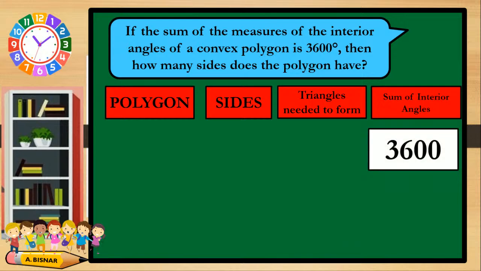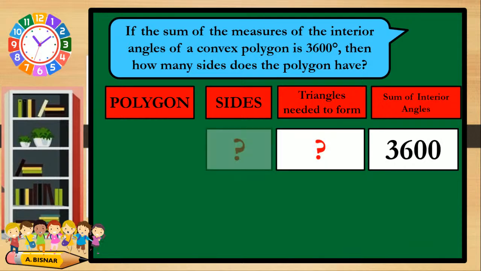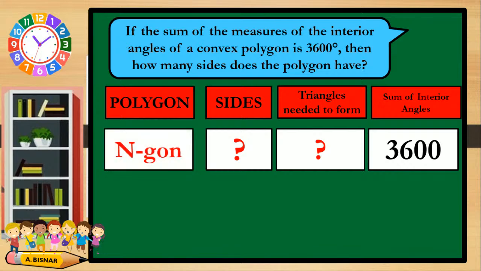O, halimbawa ganito. Ang given ay yung sum, which is 3,600. So, to find the remaining information, this is what you are going to do. First is you will divide.